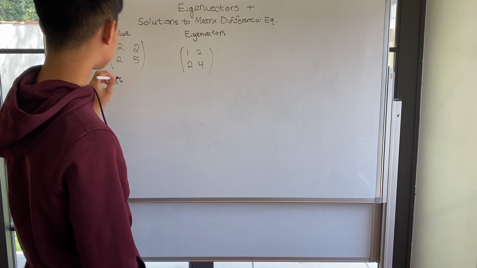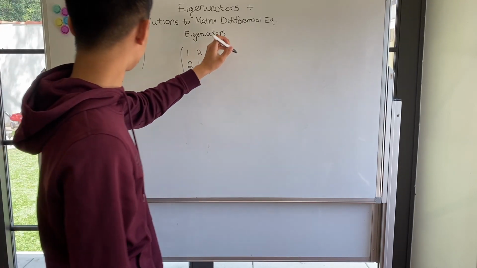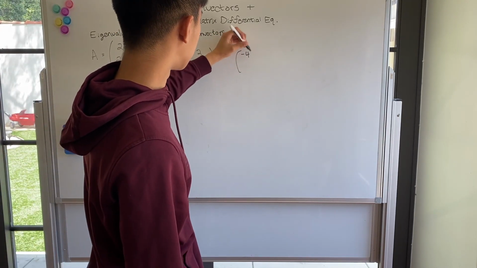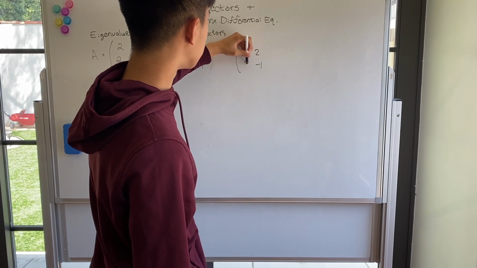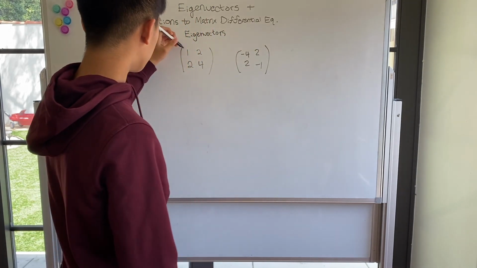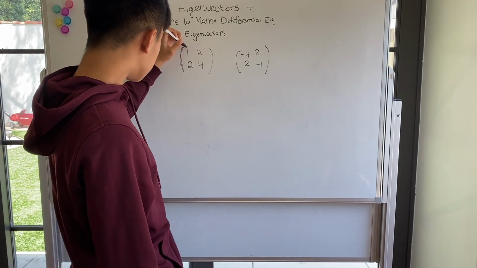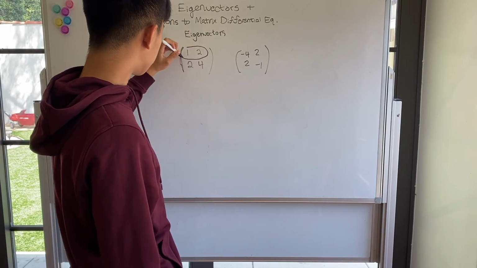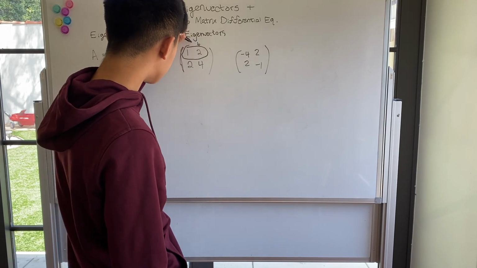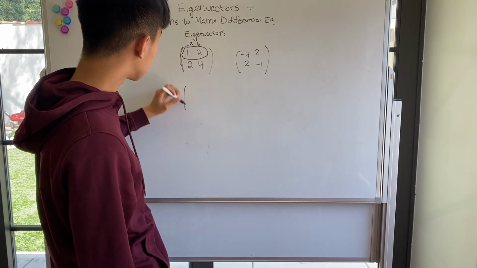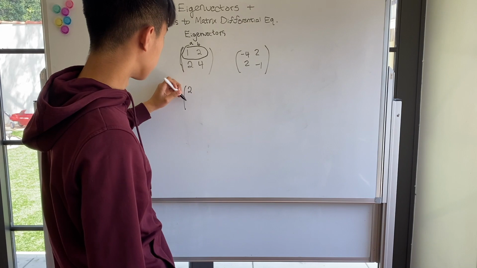And if we subtract 6, we get -4, -1, 2, and 2. Then we find the ratio between entry B and entry A, and then add a negative sign to one of the numbers.